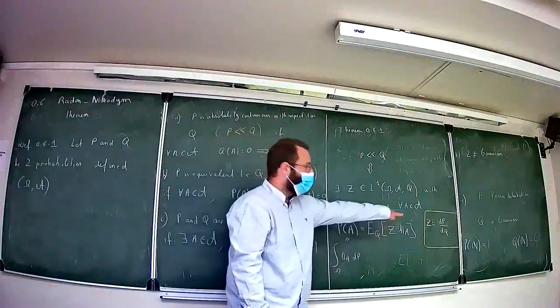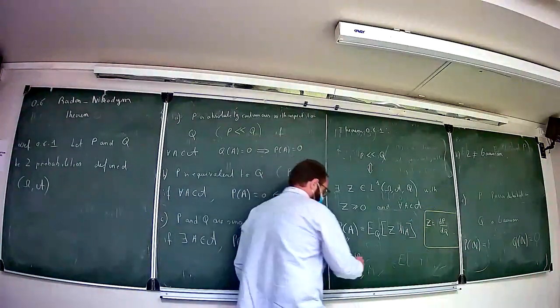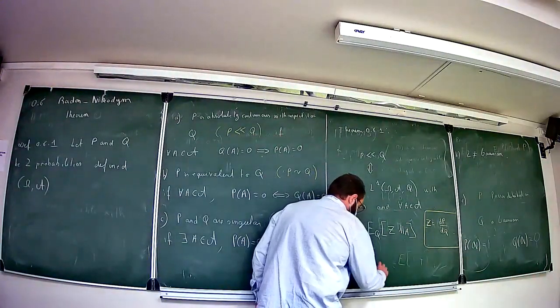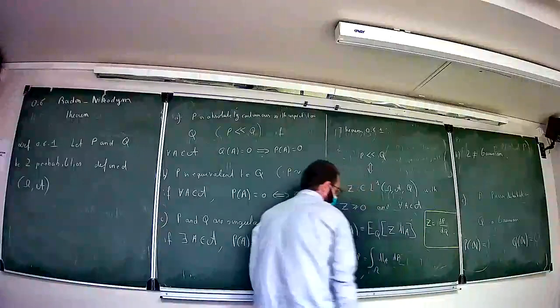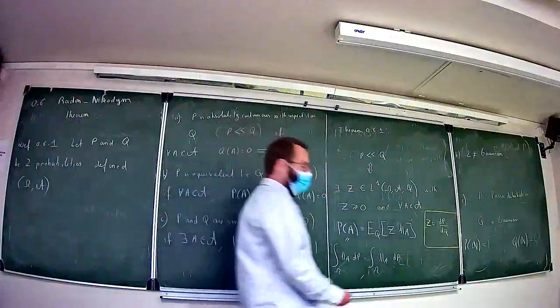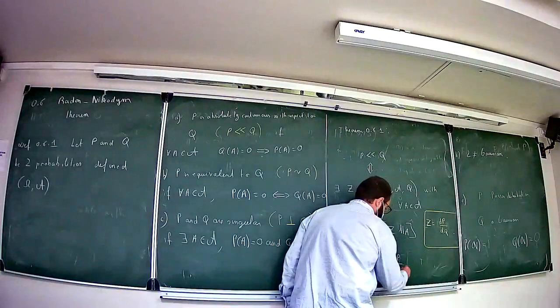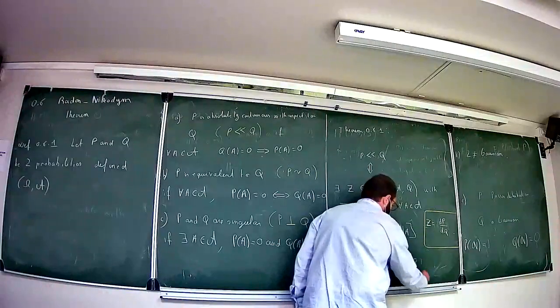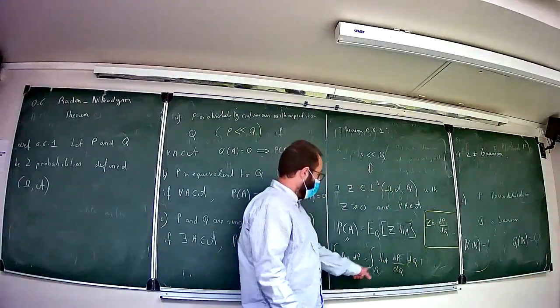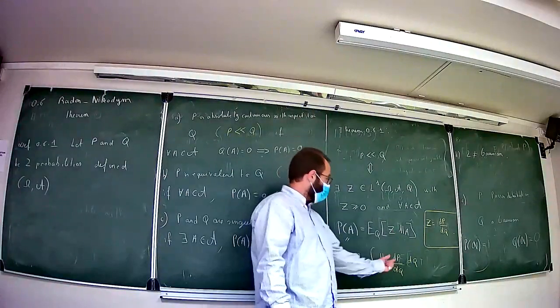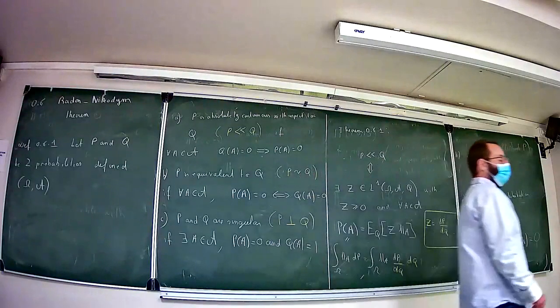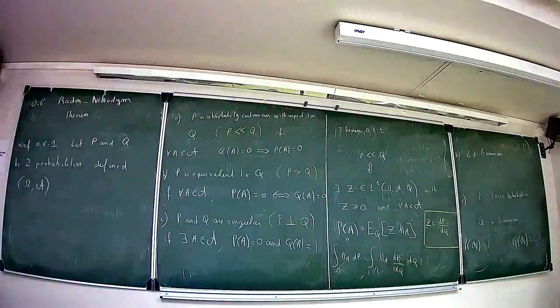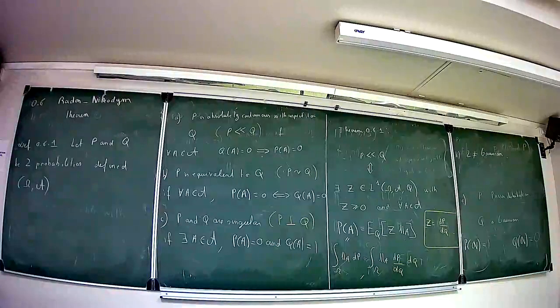But using my notation here, if I write the thing symbolically, I write dP as dP over dQ times dQ. And you have exactly this, because dP over dQ is Z. So that's why we use the notation dP over dQ for capital Z.